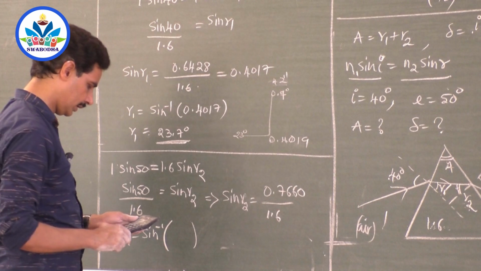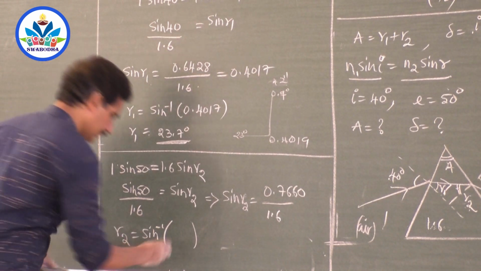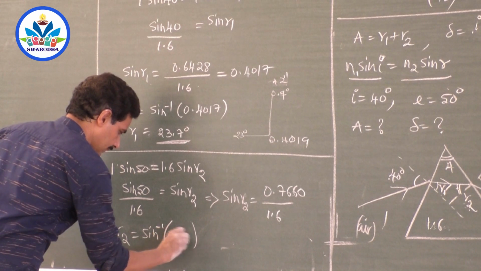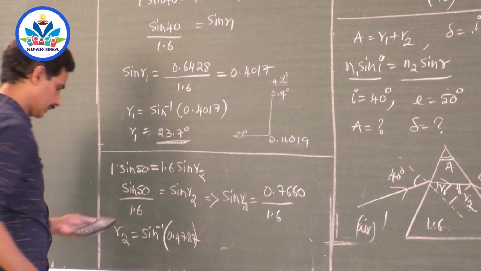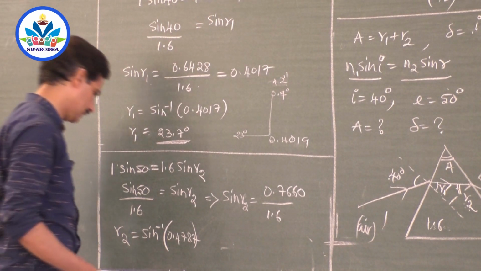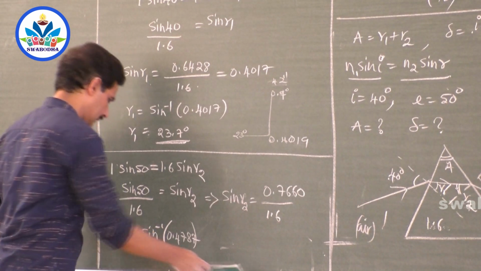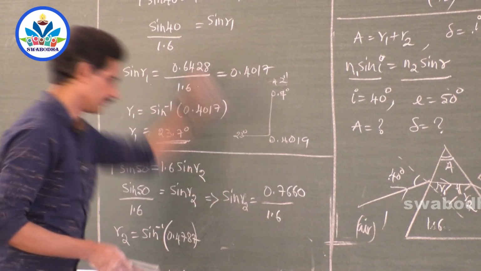It will be equal to 0.4787. I'll write only that much because 4 digits are enough for me. Or 88 you can write, no problem. You won't get a much different answer. 0.4787 is this division.